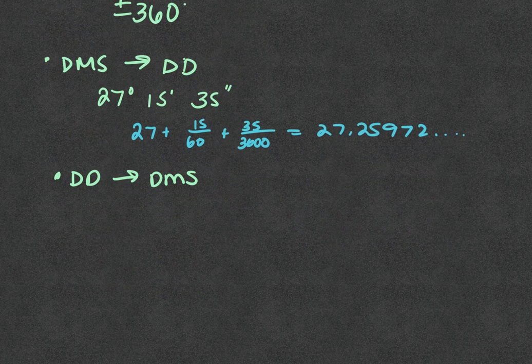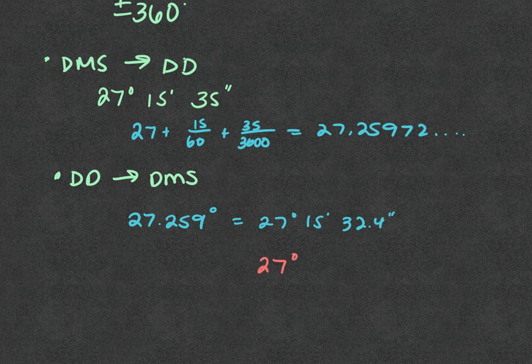Okay, then decimal degree to degree, minute, second notation, you literally can just write it in. So if I had 27.259, let's say, degrees, I type it in, and I arrow DMS, which is the easiest way to do it. And that gives you 27 degrees, 15 minutes, and 32.4 seconds. If you don't have that button on your calculator, then you take the 27, and that's your degree.